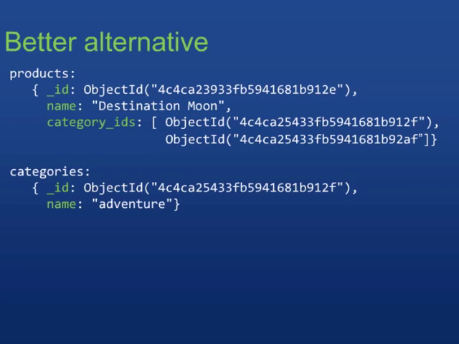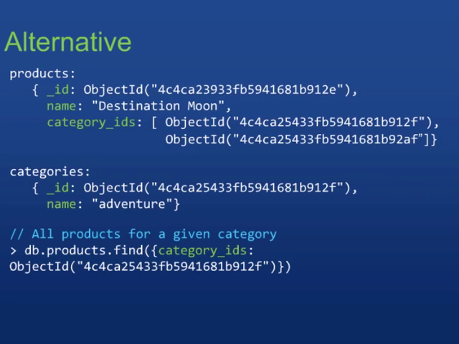But it turns out I can still perform most of the queries that you would expect off of this model. If I want to find all the products in a given category, I can say db.products.find and specify the category IDs that I'm looking for. That'll give me all the products.